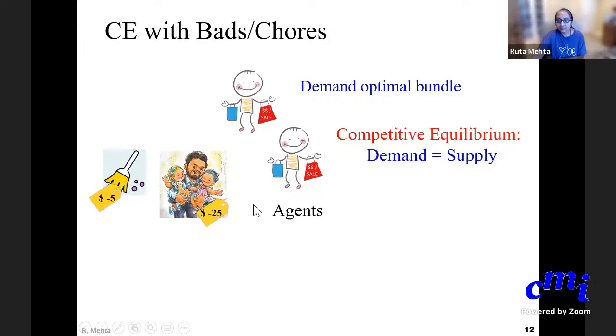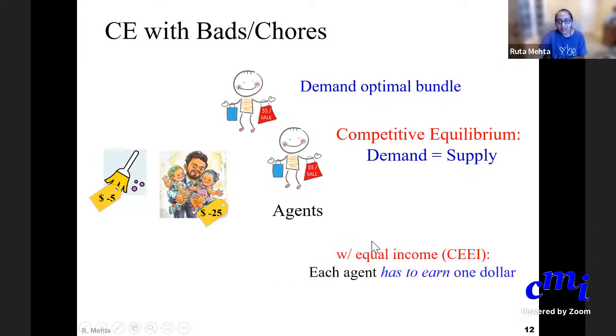If it does, we say that the payment scheme I posted on these chores is a competitive equilibrium. We say it's competitive equilibrium at equal income, and every agent has to earn exactly the same amount of money, let's say exactly $1 or 100 rupees or whatever.